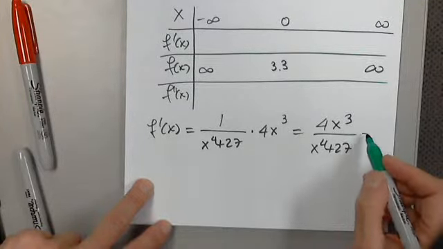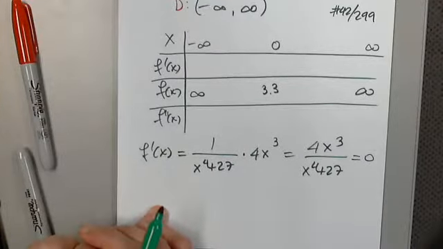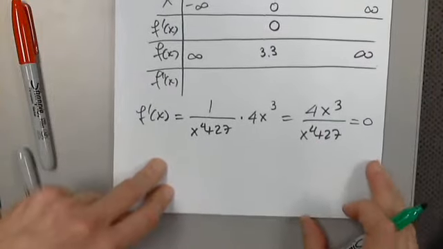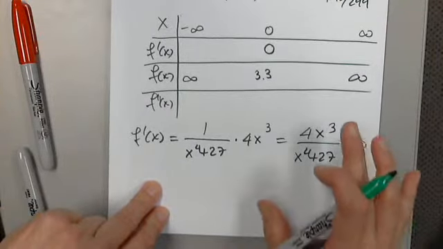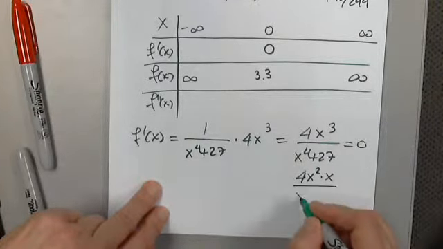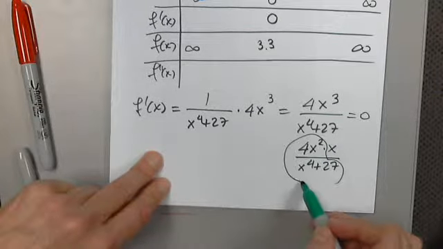I need to set it equal to 0. When I set it equal to 0, I get only one solution, which is 0. Very good. For the purpose of studying the sign of this expression, I will break it up like this, because I don't want to waste my time with this quantity.